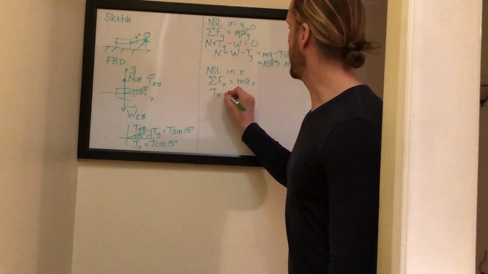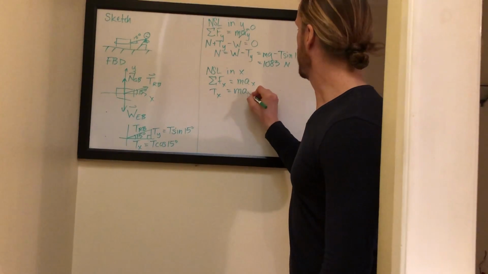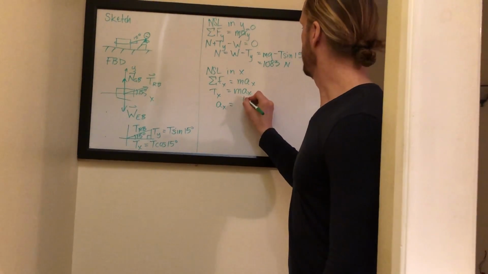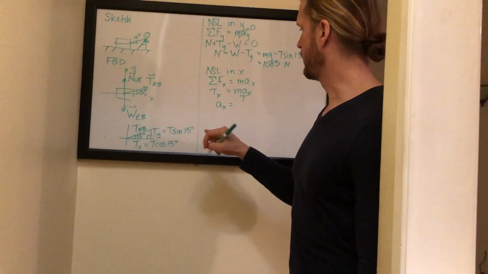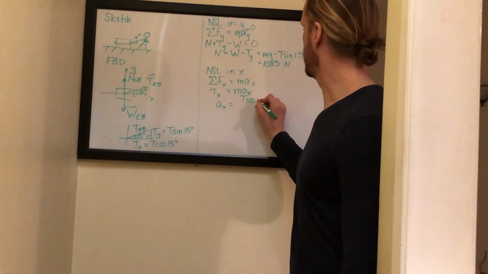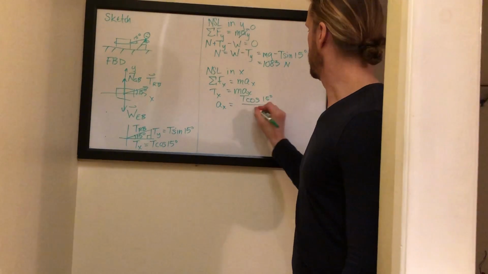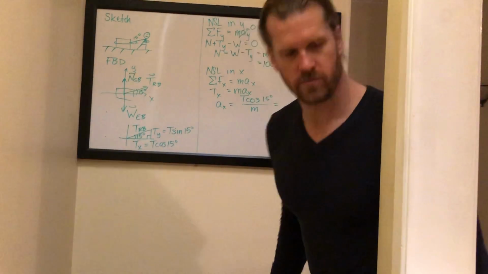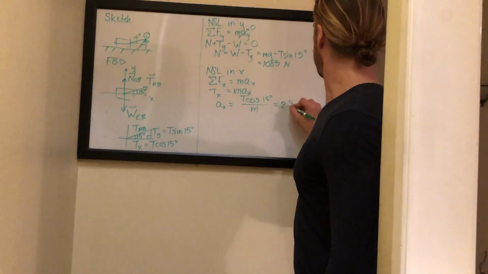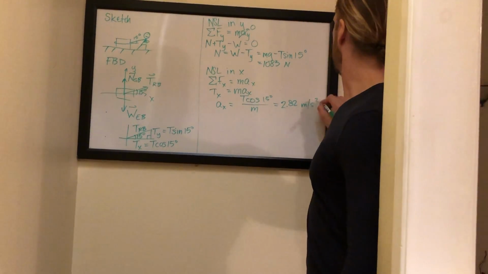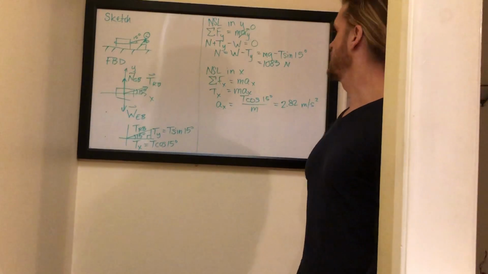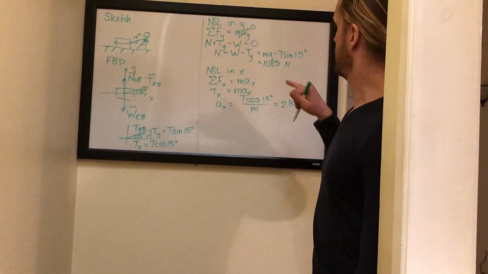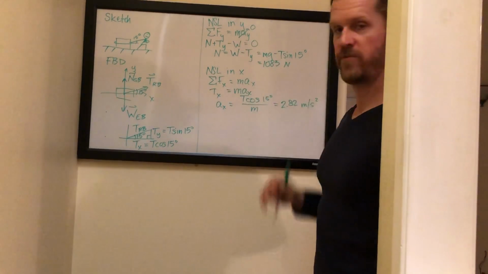So we just have Tx equals m a_x, and a_x equals Tx, which was T cosine 15, over m. Putting in the numbers, that gives you 2.82 meters per second squared.